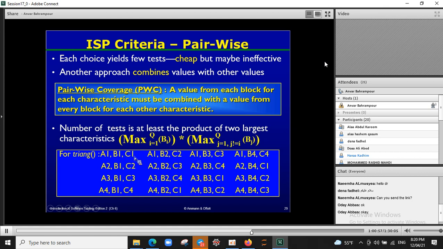So each of these tests covers 3 pairwise combinations: A1 with B1, B1 with C1, and A1 with C1.